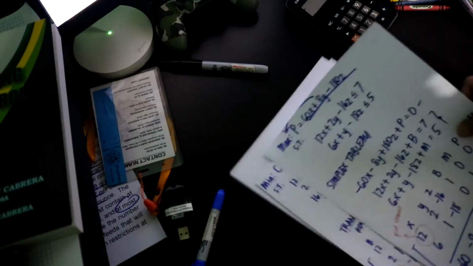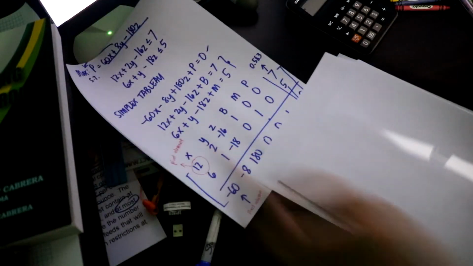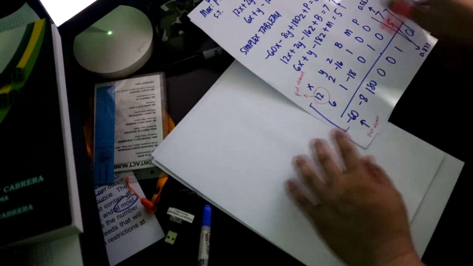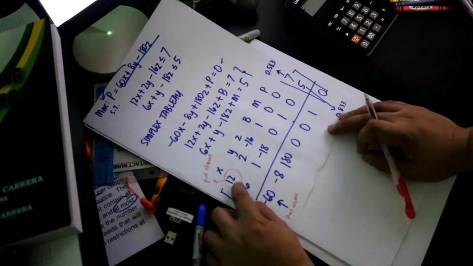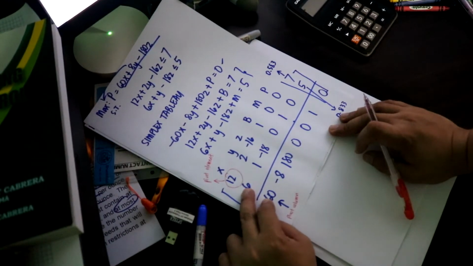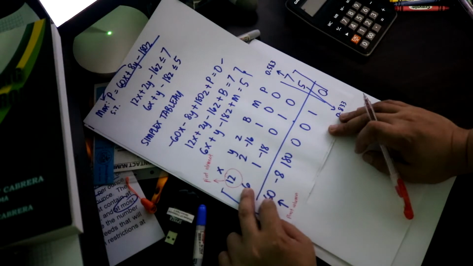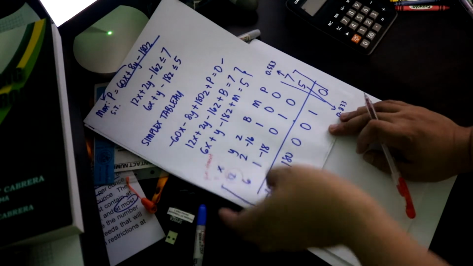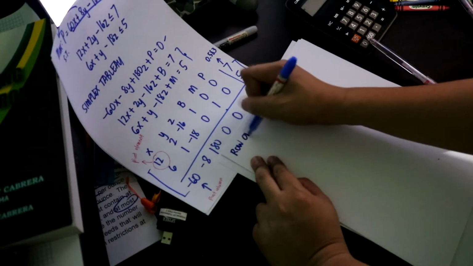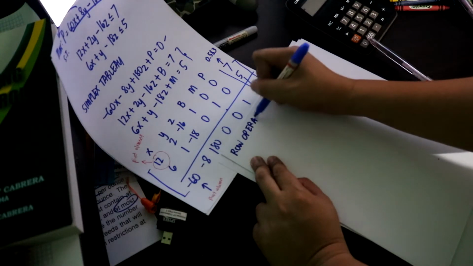We can now perform our row operations. So our first operation, again reminding you of our goals here: the pivot element must be converted to 1, and then all other numbers in the pivot column must be converted to 0, through our row operations.